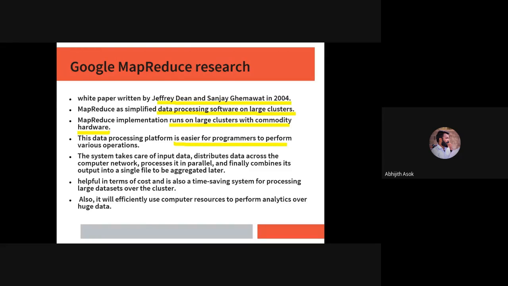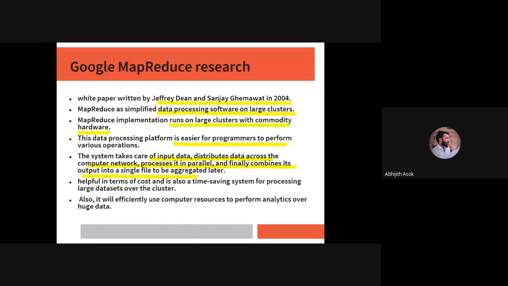The system takes care of input data, distributes data across the computer network, processes it in parallel, and finally combines output into a single file. So it helps save cost and time, and efficiently uses computer resources.